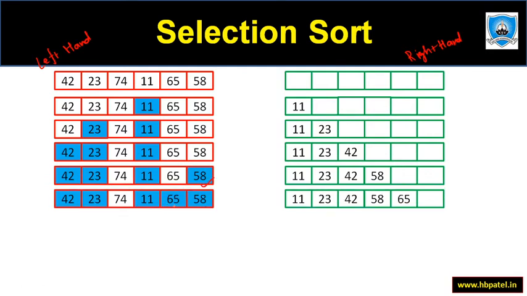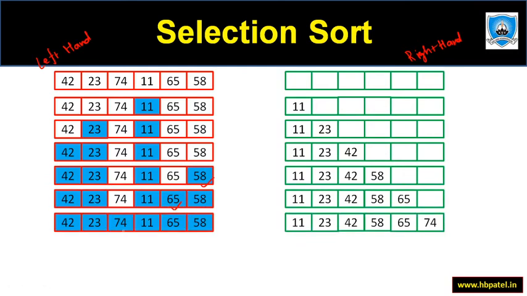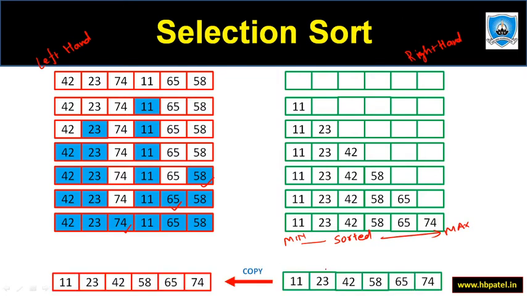Then I'll be putting 65. And then lastly I'll be putting 74. So now this is a complete sorted list starting from minimum to maximum. And at the end, now I'll be copying this right hand back to the left hand, to the original. Alright, so this is how we can sort.